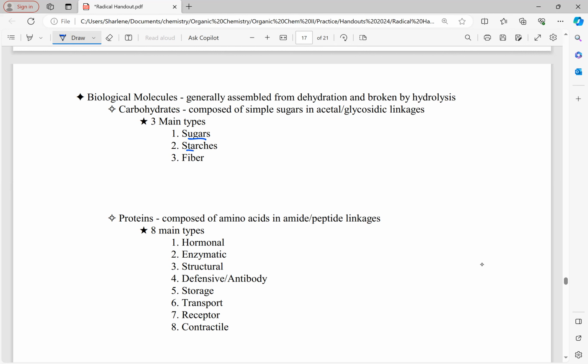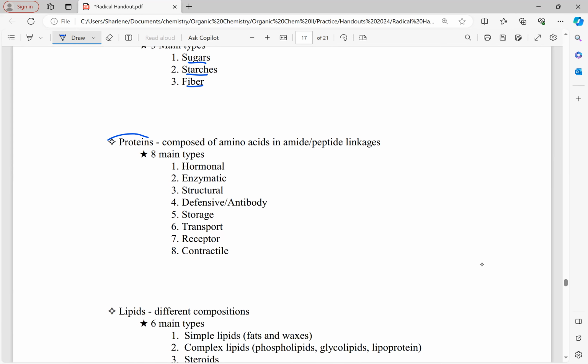sugars, starches, and fiber, which happen to be part of the carbohydrates. Carbohydrates are polymers, and they have an acetal, or it's called a glycosidic linkage. That is coming up after we finish all of the mechanisms and the reactions in OChem 2. And then we're going to talk about the proteins. So we talk about the carbohydrates first, then the proteins, but there's 8 main types.